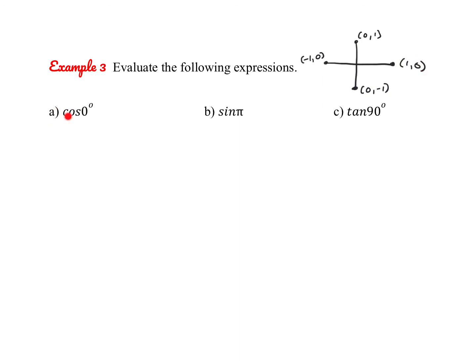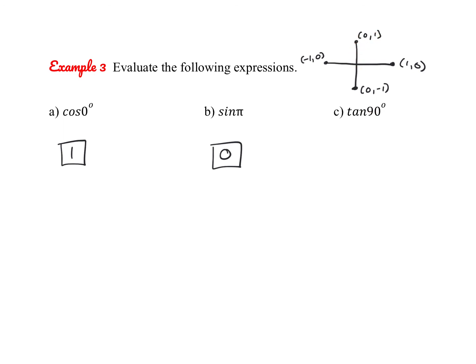So if I want to do the cosine of 0 degrees, I just look at the x value of my coordinate, and it's positive 1. Or if I want to do the sine of pi, I know pi is this angle here, and so I look at the y value, and I say, okay, that is 0. Or if I want to do the tangent of 90 degrees, that's this angle.